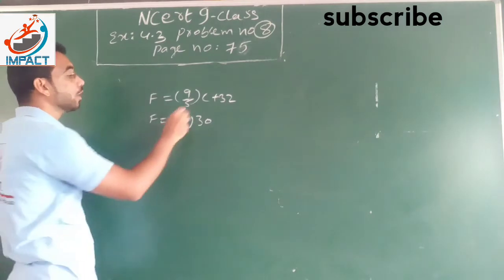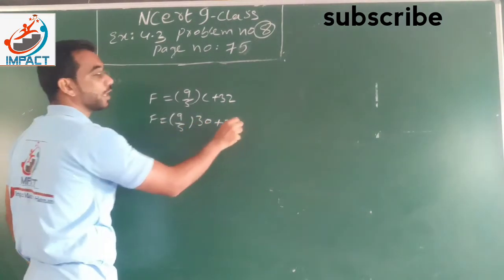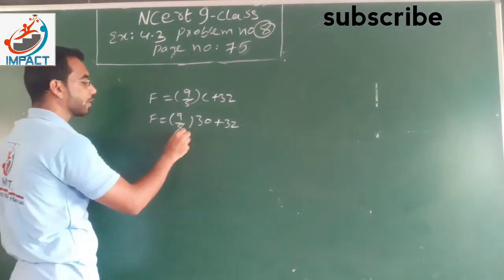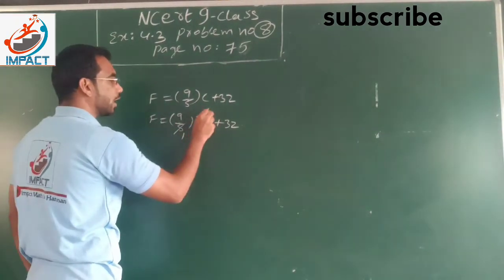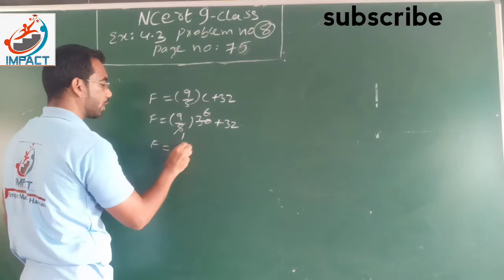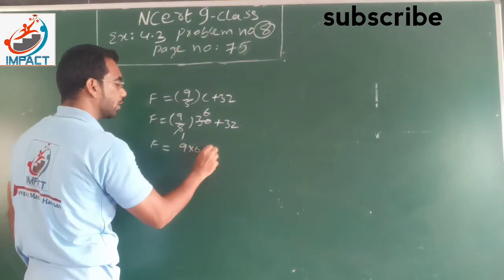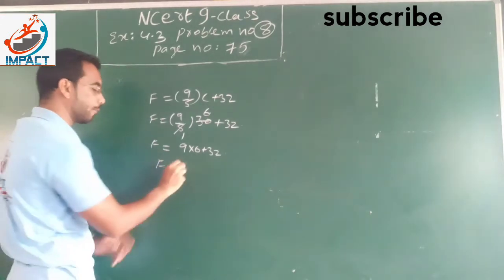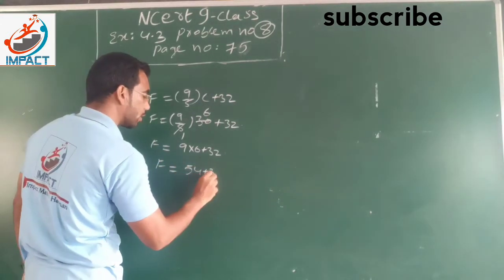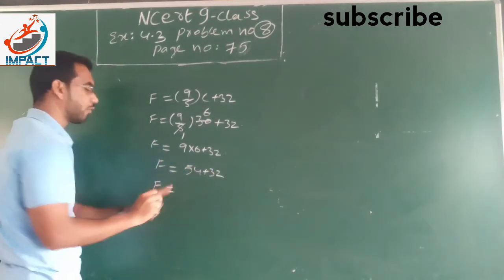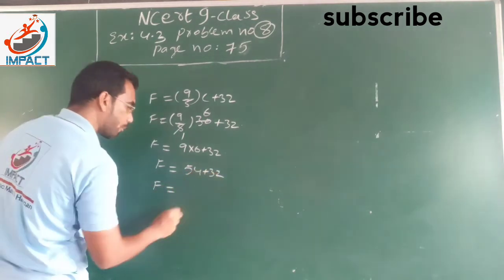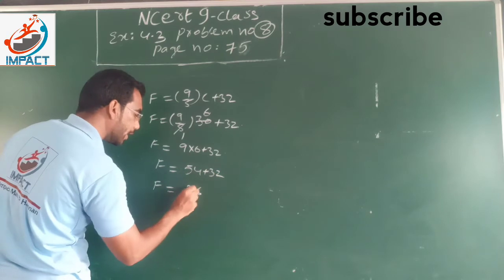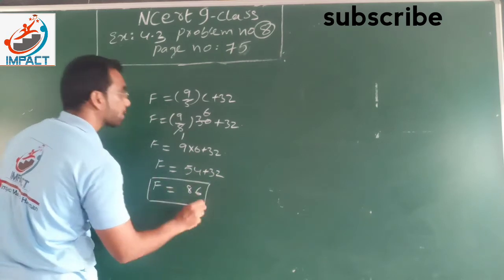Because in the question, Celsius is given as 30 degrees. 5 sixes are 30, so F is equal to 9 into 6 plus 32. 9 sixes are 54, plus 32, that is 86. Here it is 86.